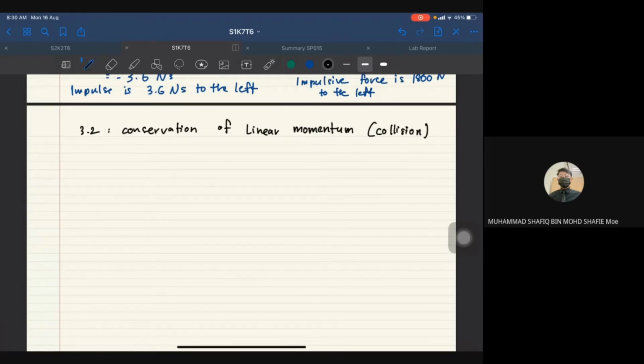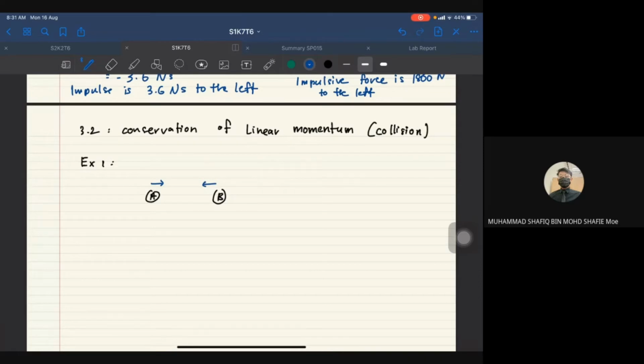Okay, so kalau dekat sekolah kita cuba tengok benda yang biasa kita belajar. So normally we have a situation like this. Example, okay, in case kamu ingat, tak ingat lagi lah. Okay, let's say if you have object A, object B, okay, so object A is moving in this direction, object B is moving in that direction.